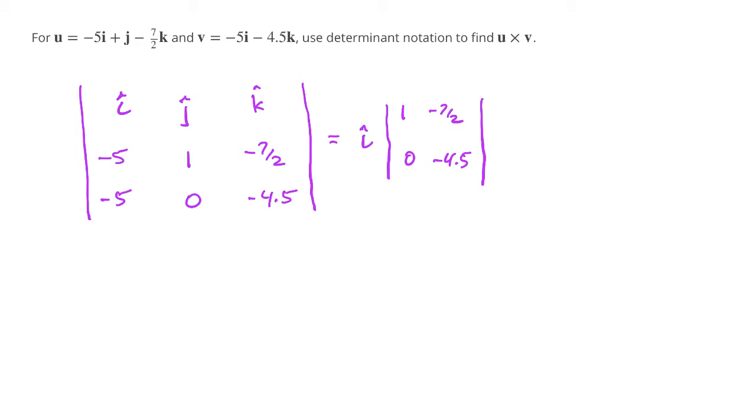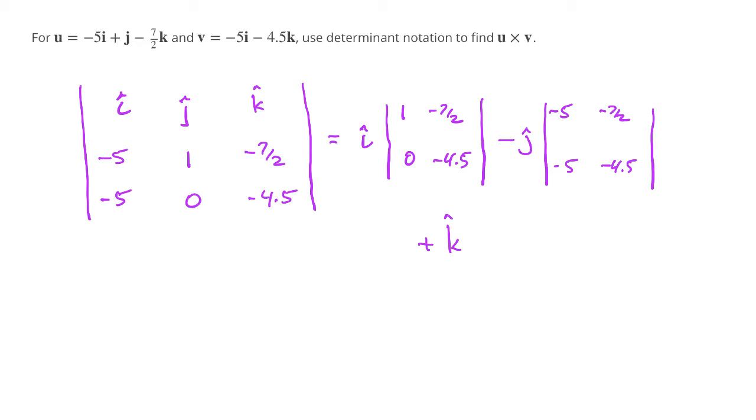Then for our next entry in our first row, we're using a j, but because this is a 3 by 3 determinant, we change the sign, so that one will be a -j times our 2 by 2 determinant, where we again get rid of our first row, and now we get rid of our second column. That gives us a 2 by 2 determinant of -5, -7/2, -5, and -4.5.